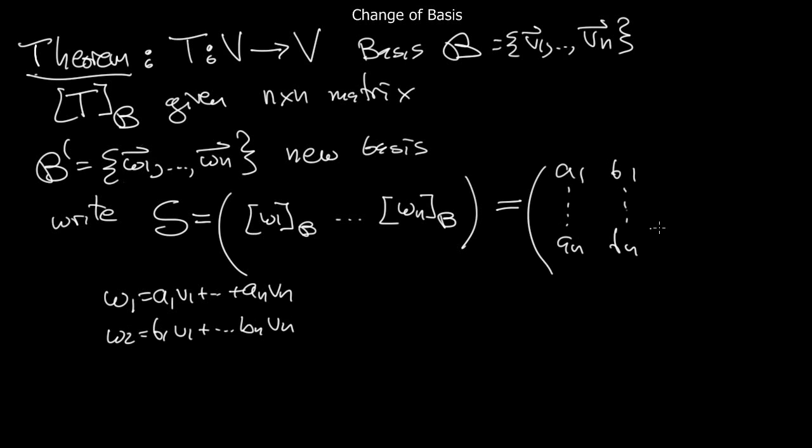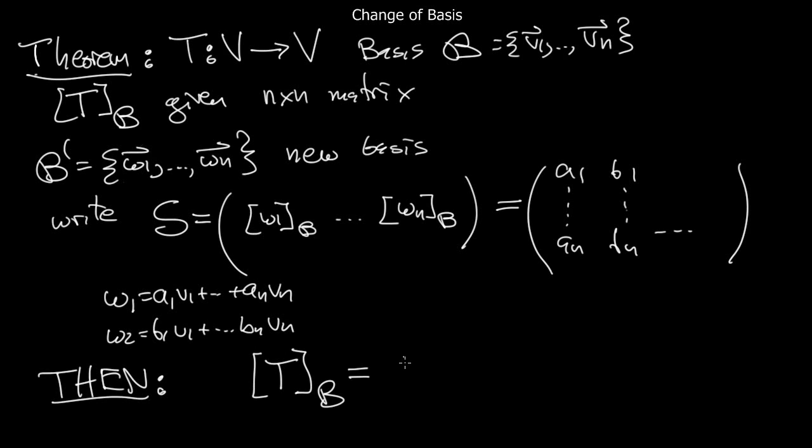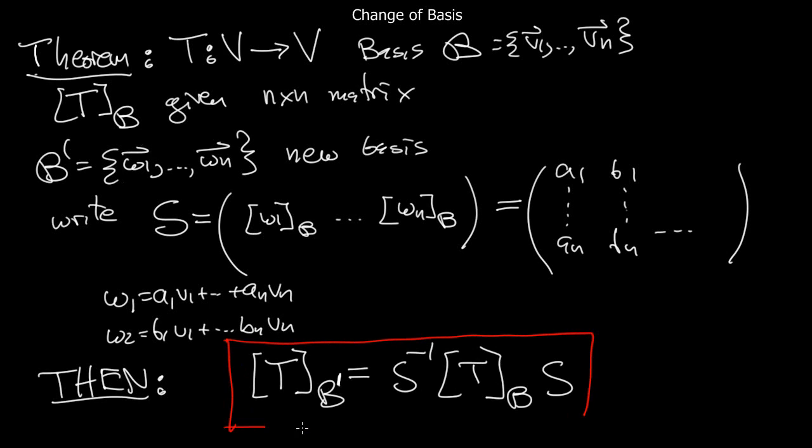And that's your second column, and so on. You get an n by n matrix this way. And then the theorem says that the matrix of T in this new basis is given by S inverse times the matrix of T in the original basis times S. This is the change of basis formula, and we're going to be using this quite a lot from now until the end of the semester.